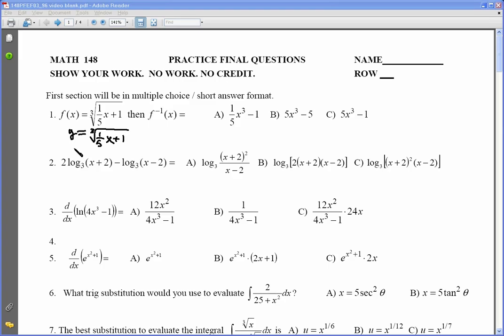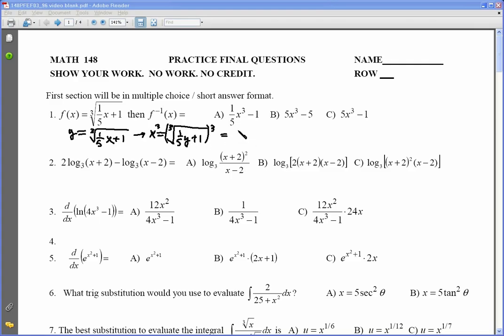So if we switch our x and y here, then we've got x equals cube root of 1/5 y plus 1, and then cube both sides to undo the cube root.